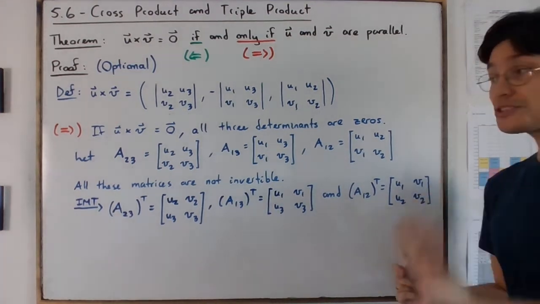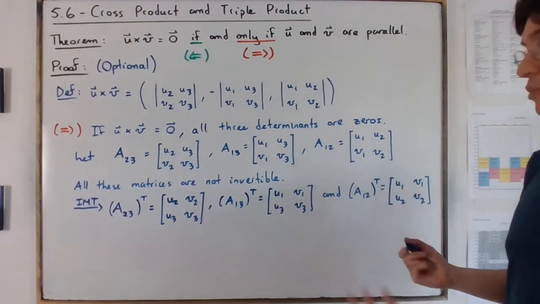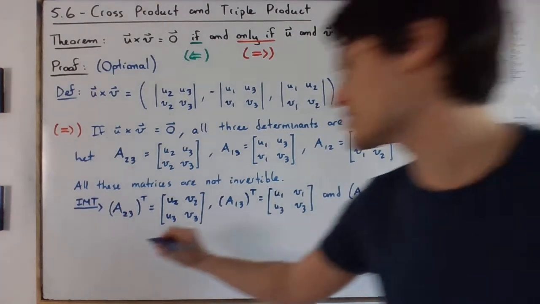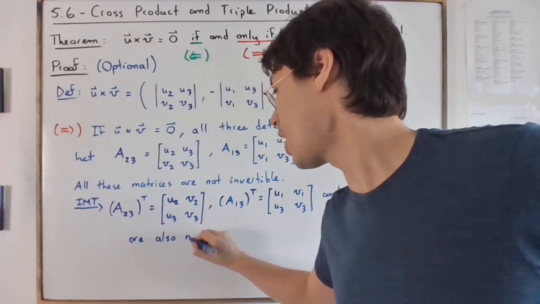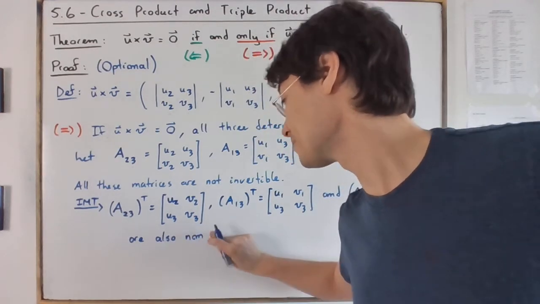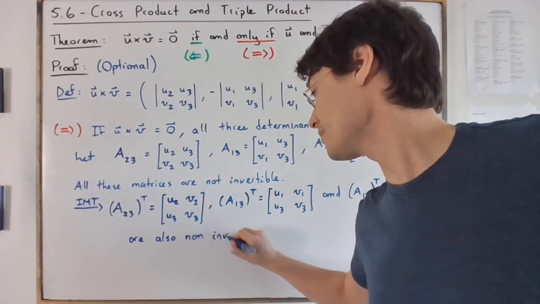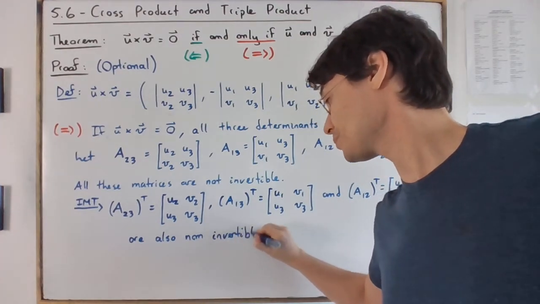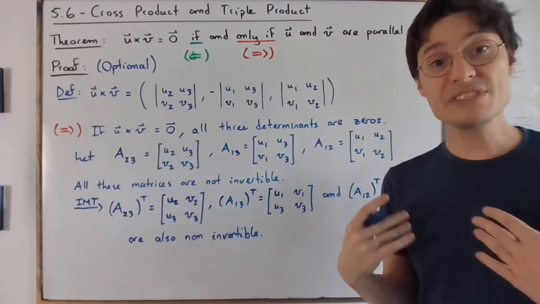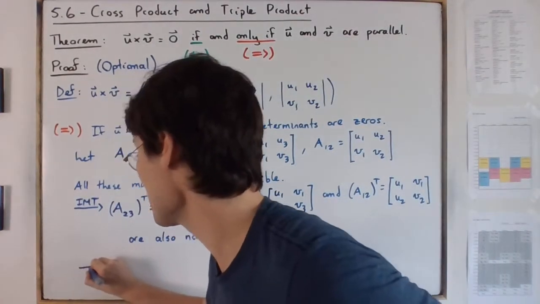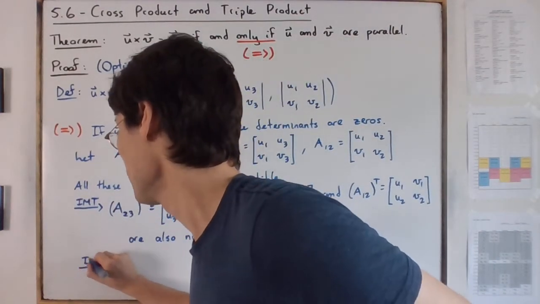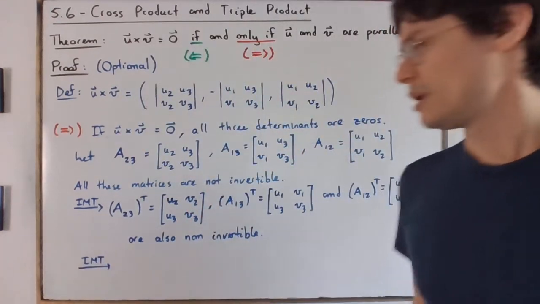Well, these are also non-invertible, and this is what we want to say by the invertible matrix theorem. So are also non-invertible. Now let's use the invertible matrix theorem again, but now on the transposes, okay? What does it mean?